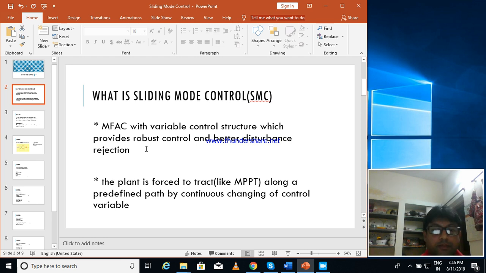Say for a motor control application, I want a particular torque profile to be maintained. This can be obtained by continuous changing of control variables.